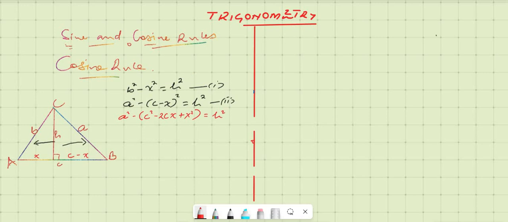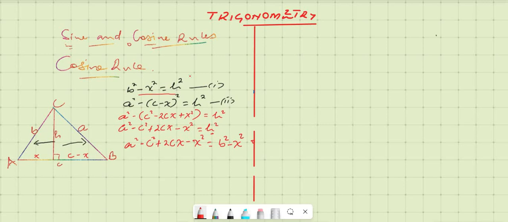Opening up the bracket, a squared minus c squared plus 2cx minus x squared equals h squared. If you bring the component which is telling us about h squared and place it where it is h, we put in Roman 1, you will see that a squared minus c squared plus 2cx minus x squared is equal to b squared minus x squared.